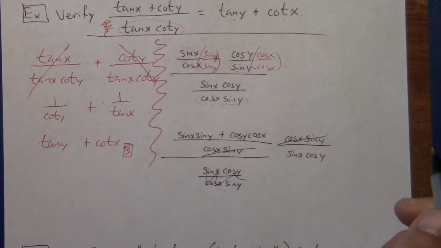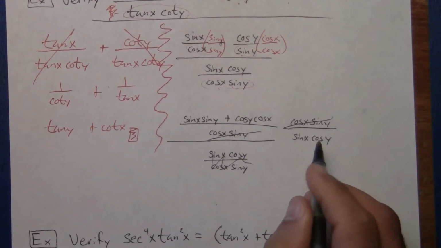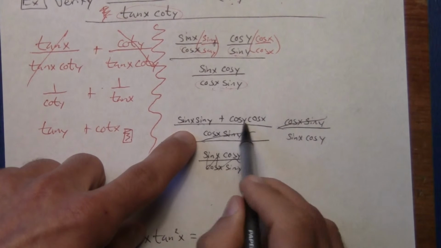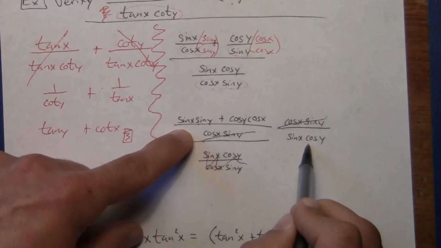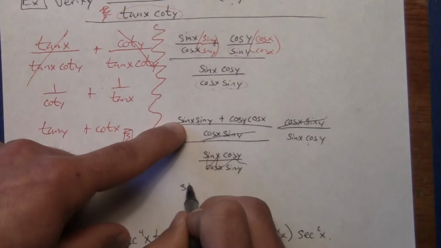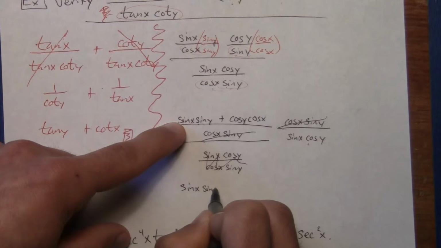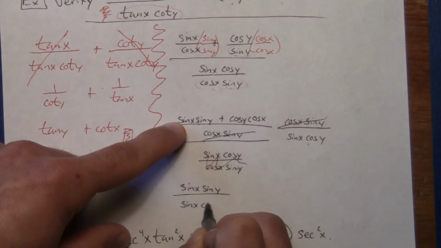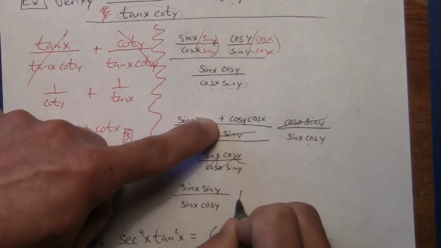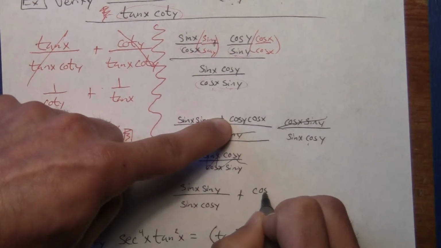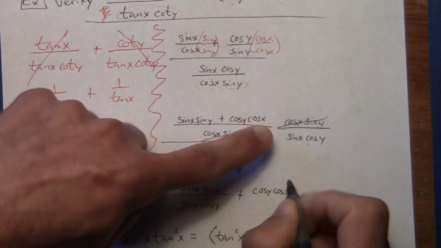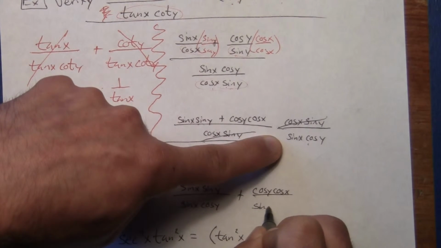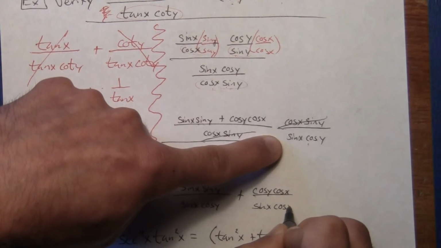Those completely cancel, and now I have kind of the same scenario. I have two terms divided by one term, so I'm going to break them apart. And I'm going to say that this sine x sine y is now divided by sine x cosine y, plus this numerator of cosine y cosine x is also divided by sine x cosine y.